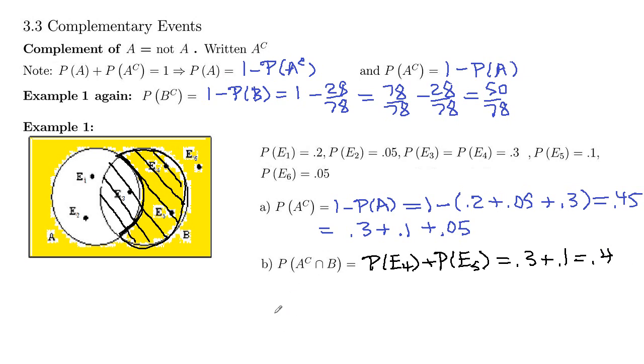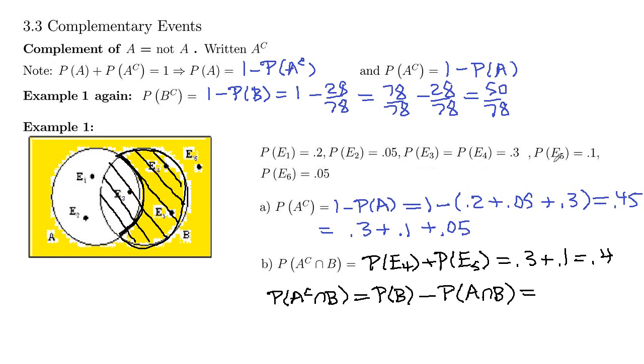Now another way to look at this: A complement intersect B is all the sample points that are in B and not A. So the probability of A complement intersect B is all the stuff that's in B, so it's going to be the probability of B, and then minus the stuff that's in both A and B. We want the things that are in B but not A, so we're going to subtract out the part of A that overlaps with B. So A complement intersect B is the same as B minus A intersect B. So the probability of B, that is 3, 4, and 5.